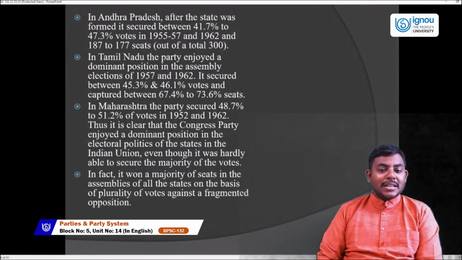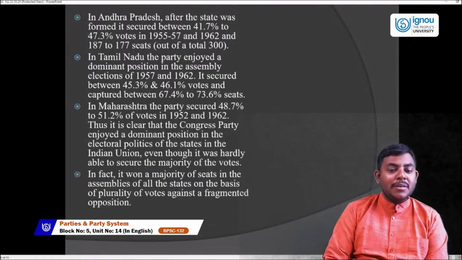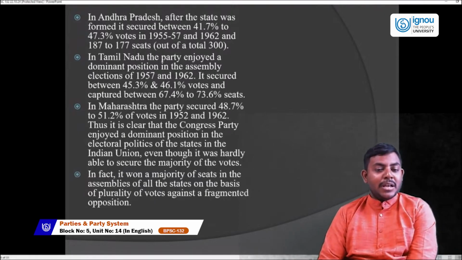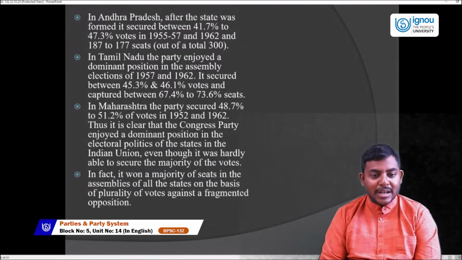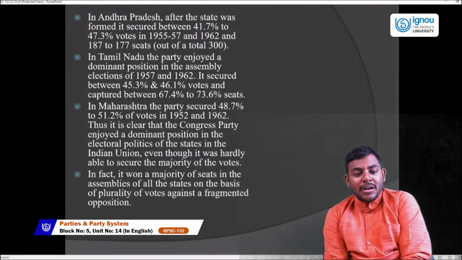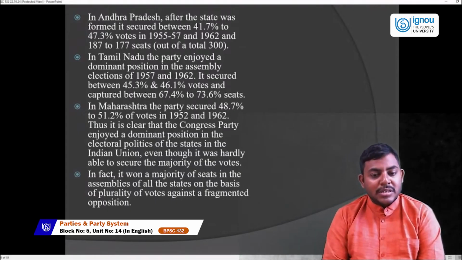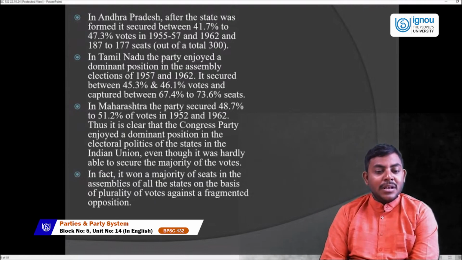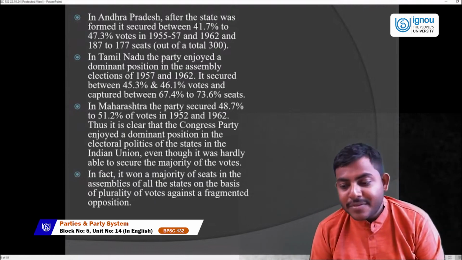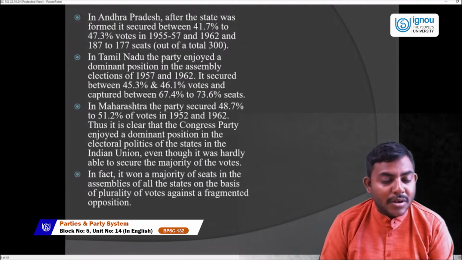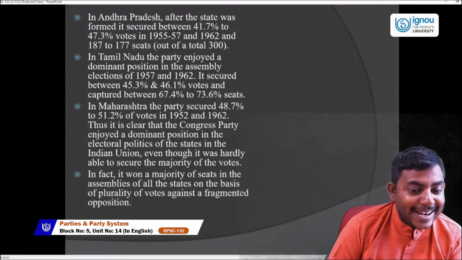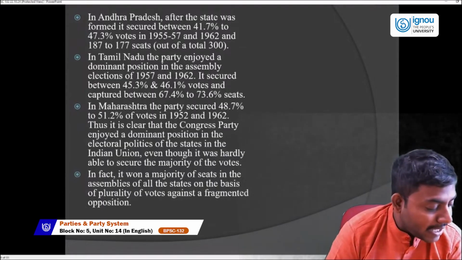Thus, it is clear that the Congress party enjoyed a dominant position in the electoral politics of the states in the Indian Union, even though it was hardly able to secure the majority of the votes. In fact, it won a majority of seats in assemblies of all states on the basis of a plurality of votes against a fragmented opposition.